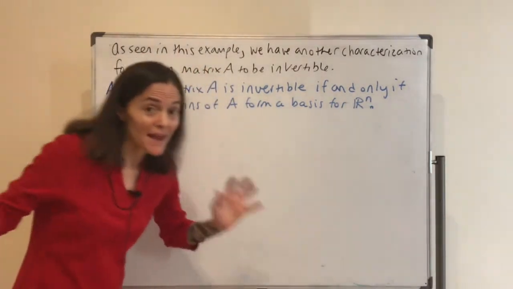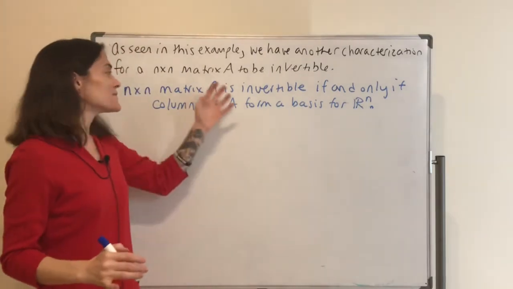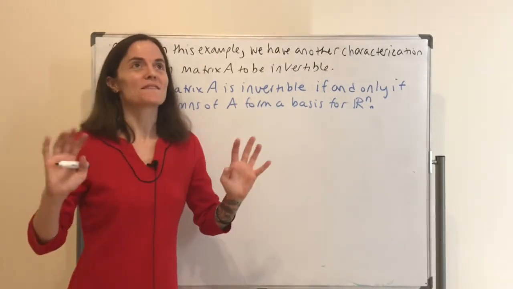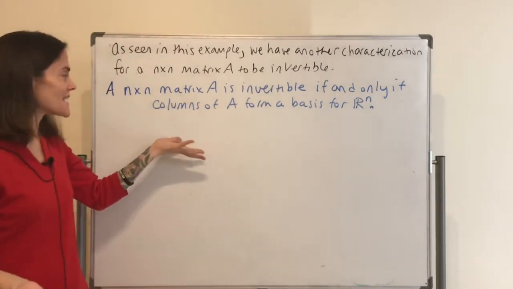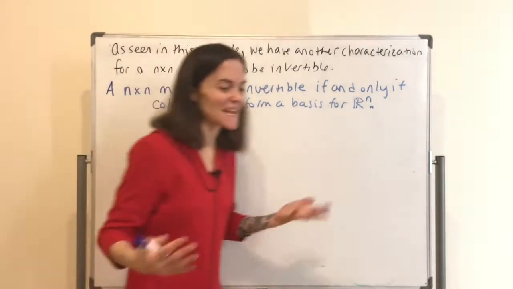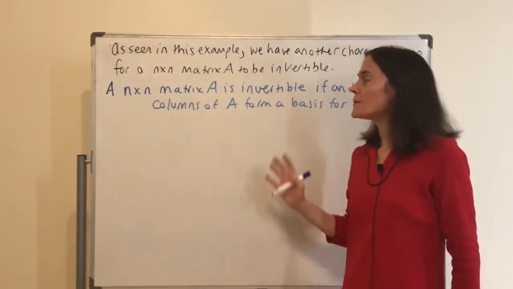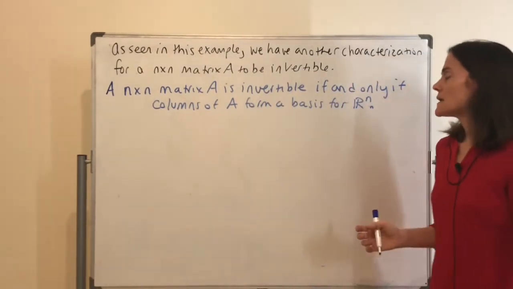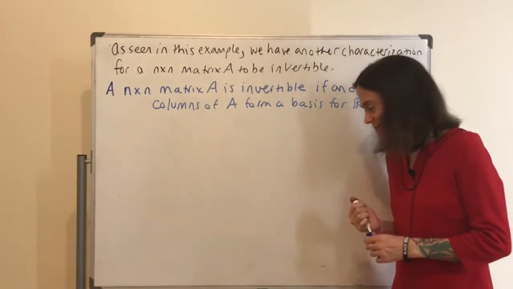Okay, because they're n by n, there's n of them, n are n, and it's invertible. Well, one of the several we saw is that the kernel is 0, and this is another way to say, as we saw in the last example, lots of different ways to say a matrix is invertible, but this new one is that the columns of A form a basis for Rn.